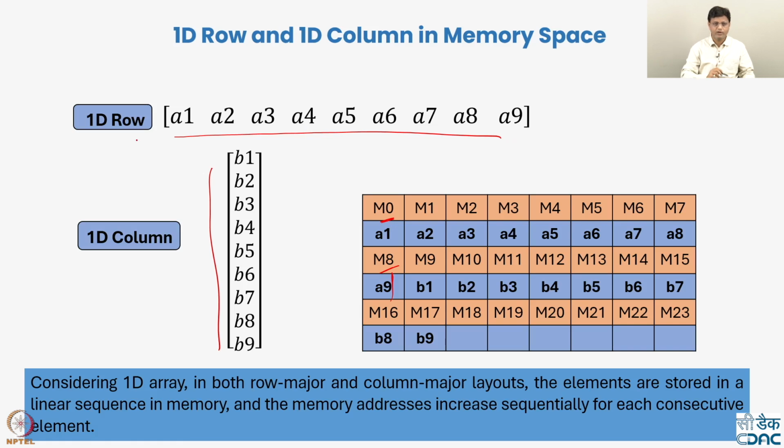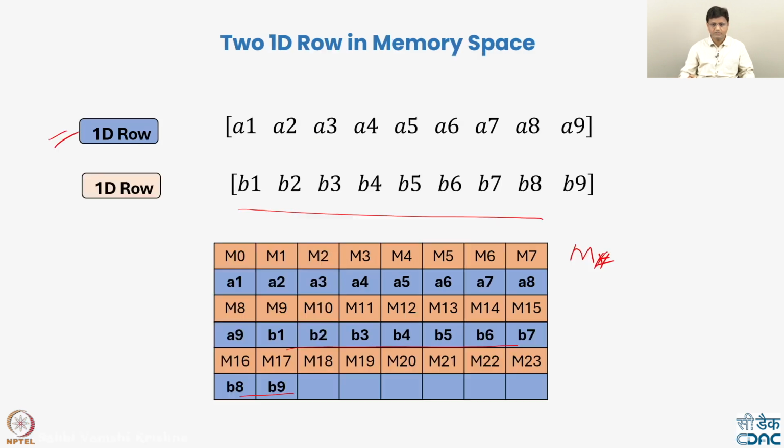for the 1D row. Then the other array, which is defined in column order, will start storing its elements continuously in continuous memory locations, and this will happen whether you are using a language which supports row major or column major. There is no difference, as you can see from the previous example.